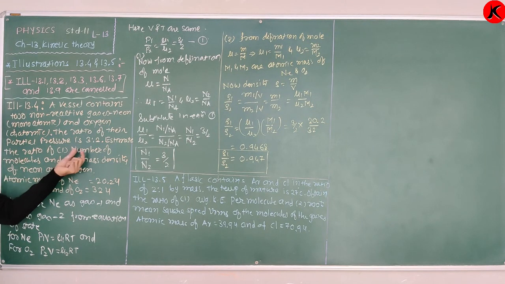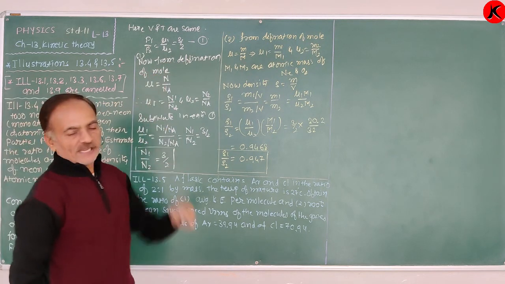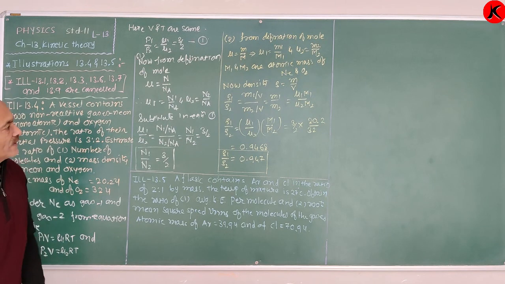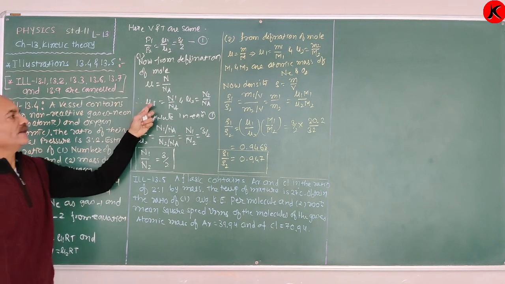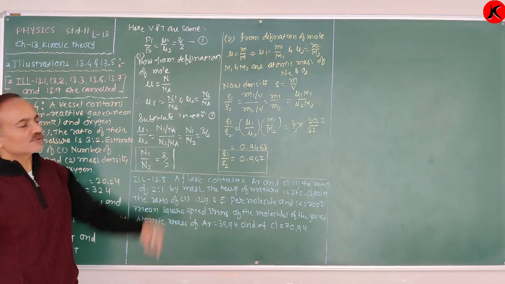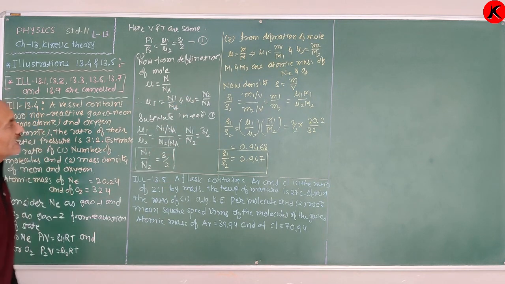Now we are interested in obtaining the ratio of the number of molecules. From the definition of mole, mu is equal to n upon Na, the Avogadro number. Therefore, for neon, mu1 is equal to n1 upon Na, and for oxygen, mu2 is equal to n2 upon Na.